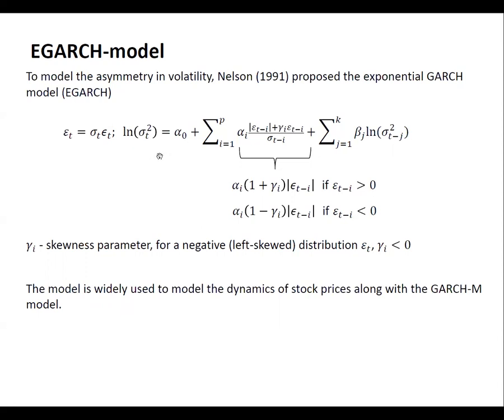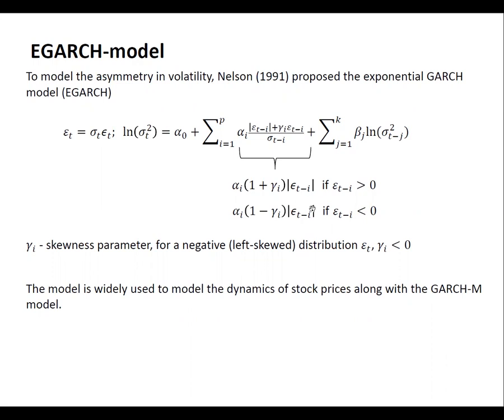The logarithm of variance squared is alpha 0 plus the sum of order p of alpha multiplied by this argument. This is our error in absolute value with lag i, plus coefficient gamma multiplied by the lagged error epsilon divided by the standard deviation of the lagged error sigma with lag i.